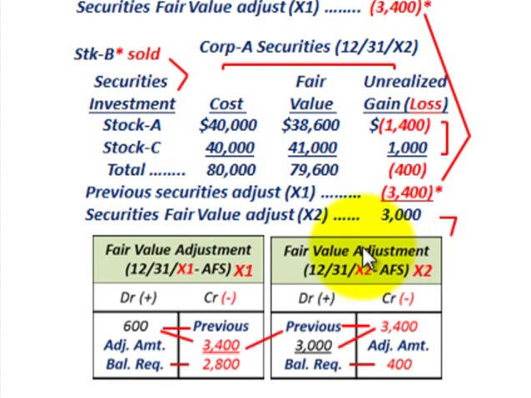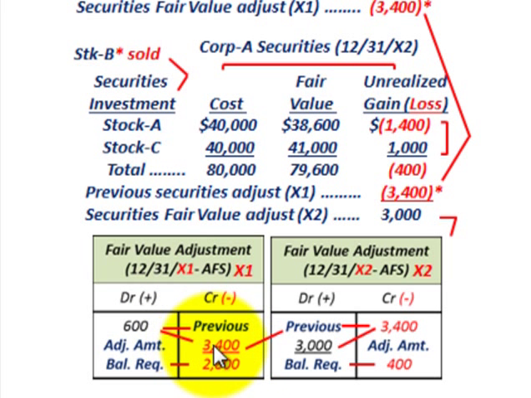Just best way to look at this is just to lay out your fair value adjustment accounts and look at your debits and credits. Whatever your previous amount is, you have to start with that, and then you have to look at what the balance is that you need in the account, and then you have to make your adjustment off of that. In our first year here, we had a debit amount of 600. We had to get down to a loss of 2,800.